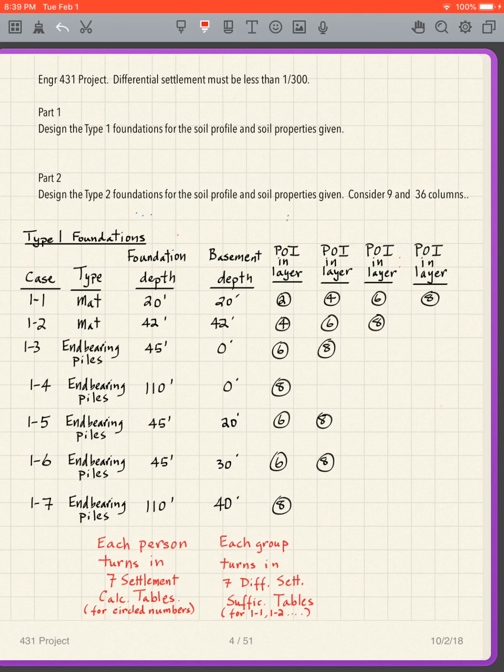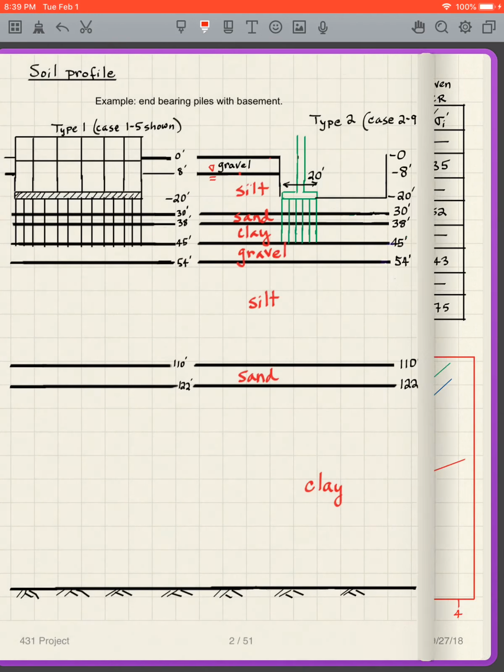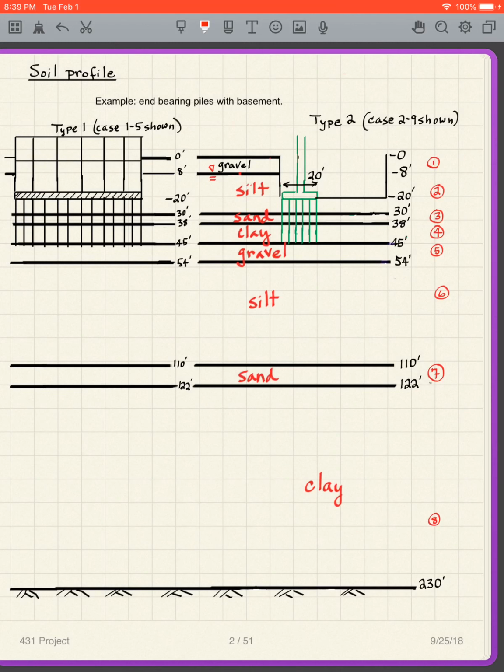Now, if I look at this first one, it's just a mat with a basement depth down to 20 feet. If I look at that, then what do I see? Well, that's basically this situation, but no piles. If there are no piles there, then what soils are being compressed? I have this layer of silt, so that's layer 2. I have this clay layer here, that's layer 4.